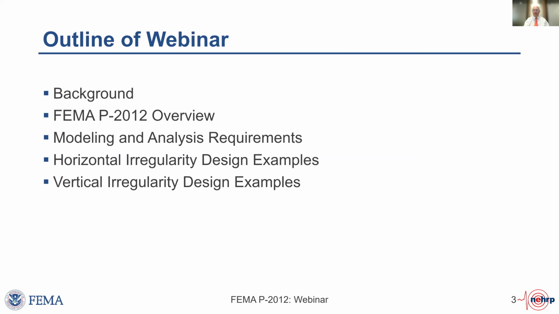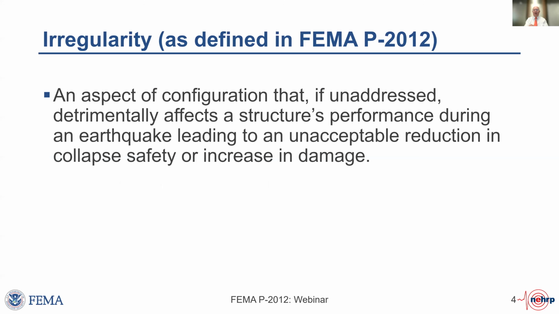To start, though, we want to get on the same page with you about what an irregularity is, at least as defined in this project. We really needed to focus our effort. There have been lots of observations in the past about how structural configuration can affect performance in earthquakes.